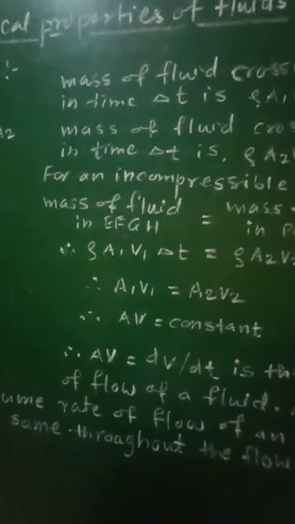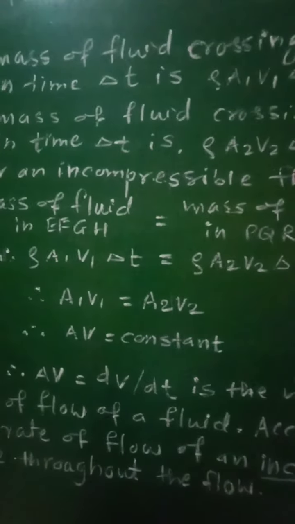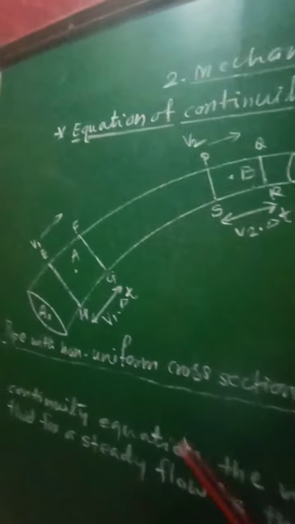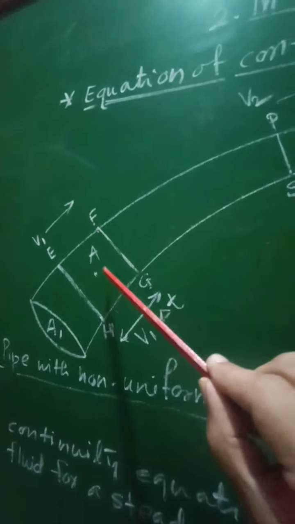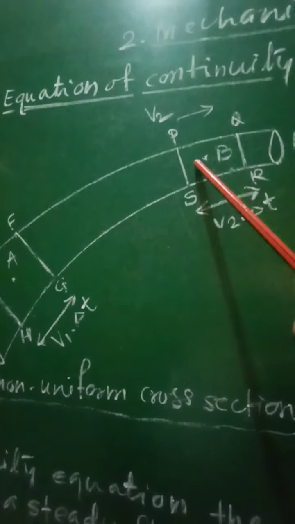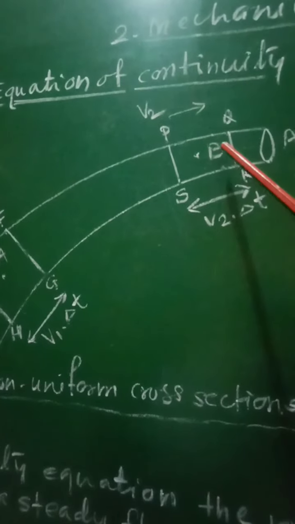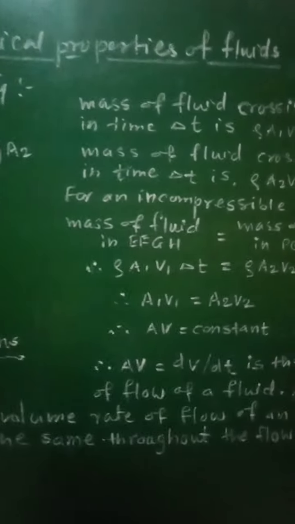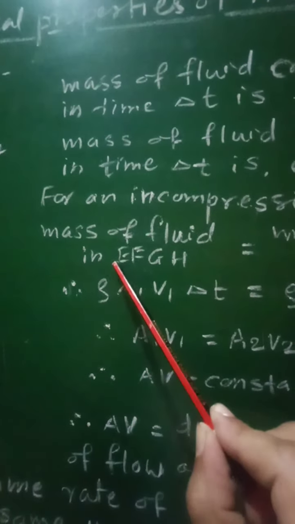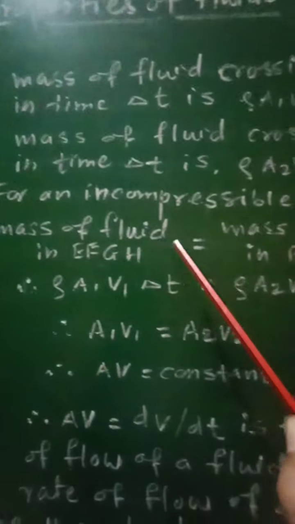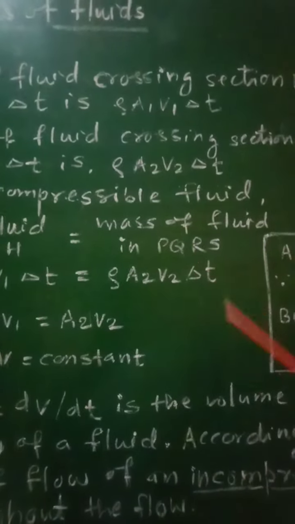Now we know that if the fluid is incompressible, then the mass of the fluid entering any point A will be the same as the mass of the fluid leaving point B, and therefore we can say that the mass of fluid in the section EFGH must be equal to the mass of the fluid in section PQRS.